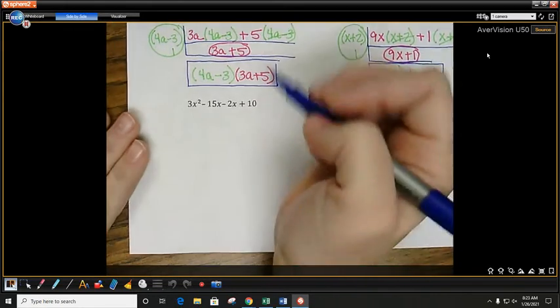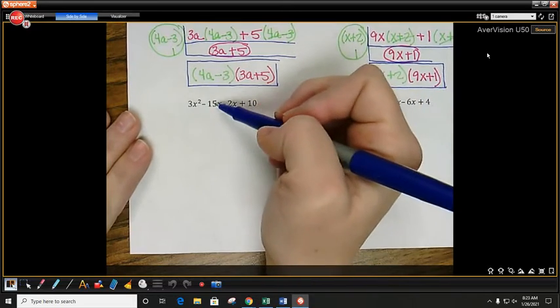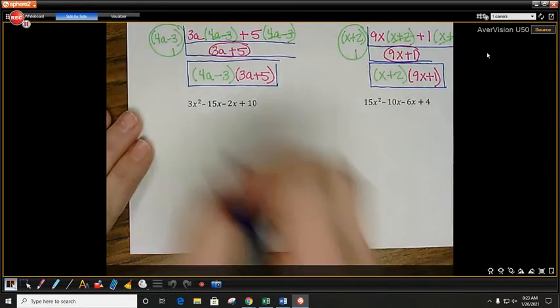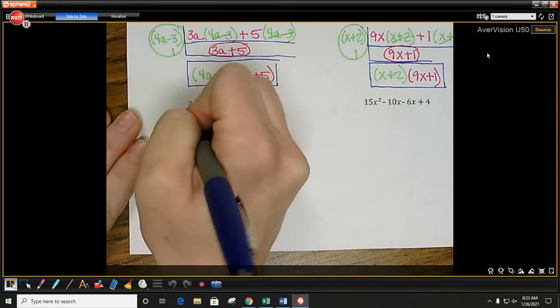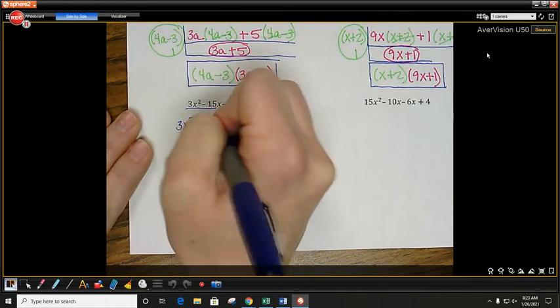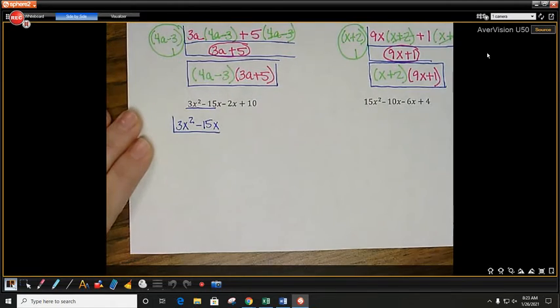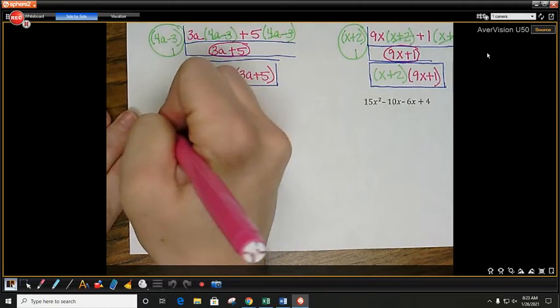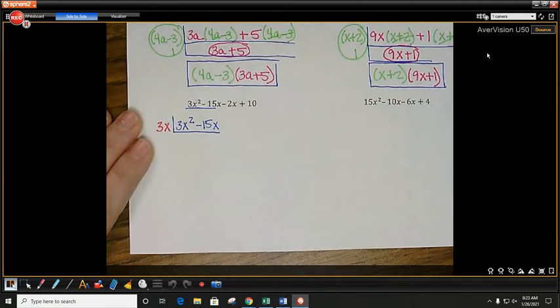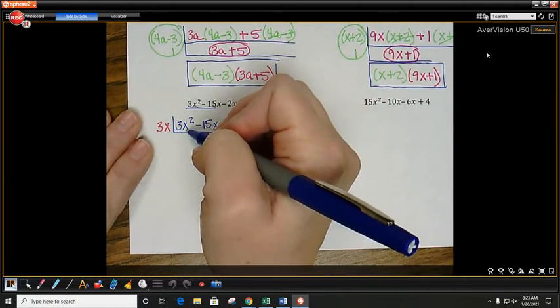Okay, again, grouping is when you have 1, 2, 3, 4 terms. So group your first 2 terms together. 3x squared minus 15x. 3 and 15 are both divisible by 3. X squared and x, they both have an x. So I'm going to factor out a 3x. 3x squared, but I take the 3 out.